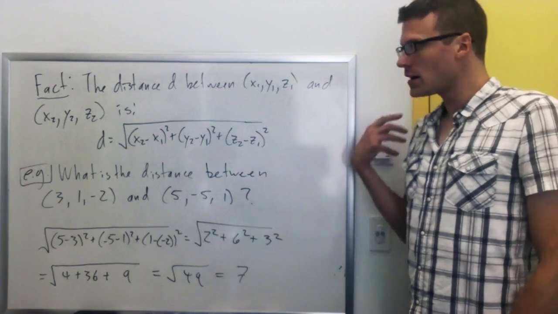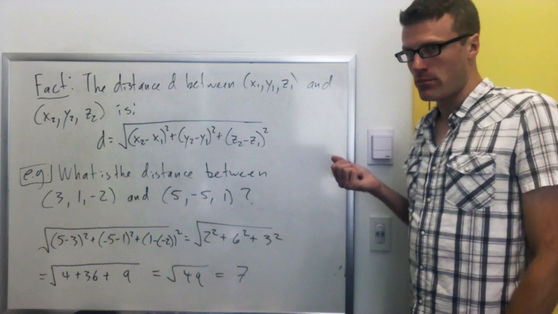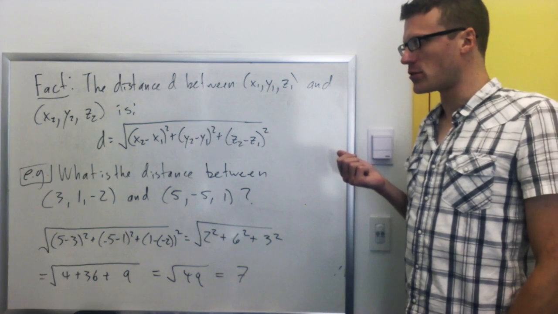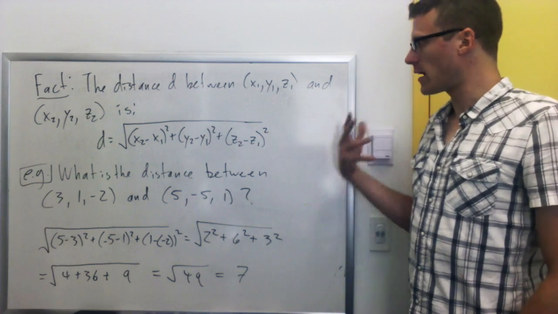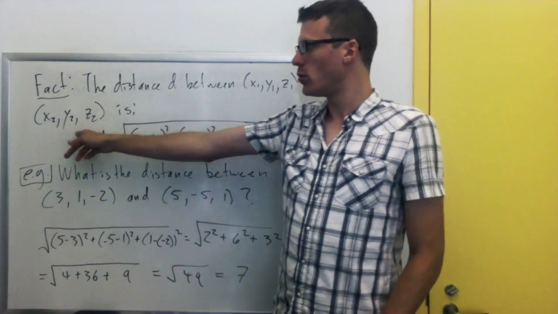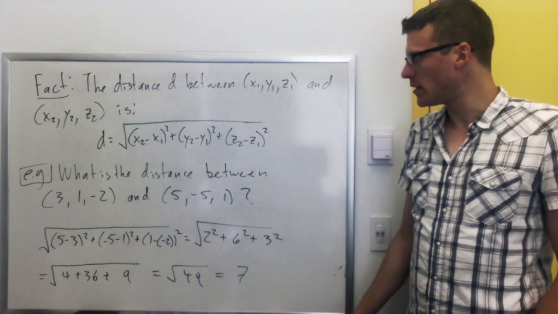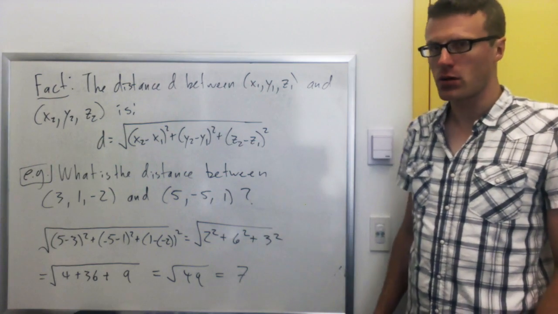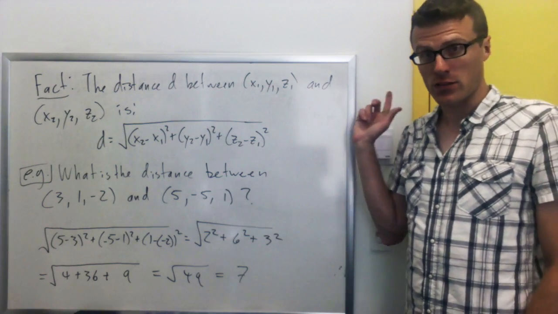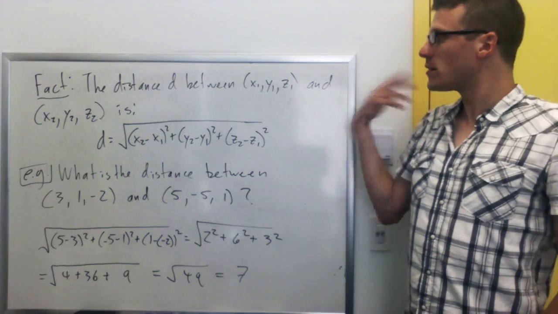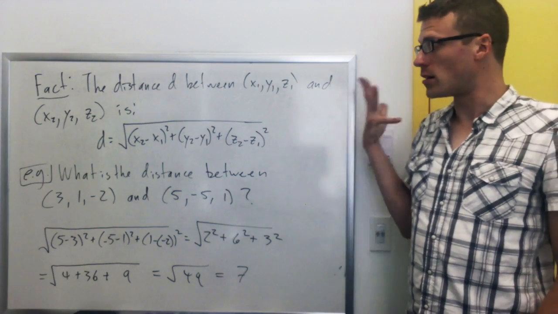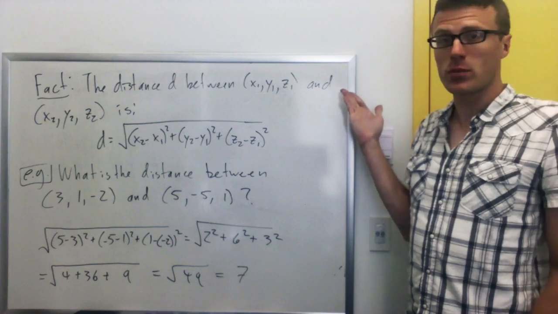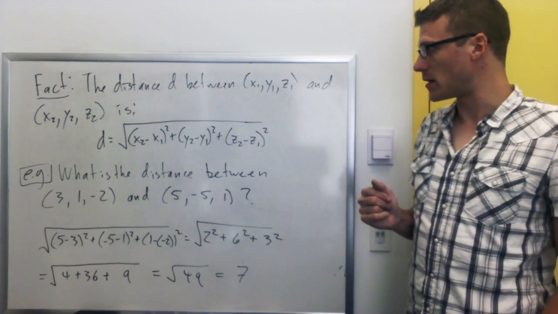Now we can combine this fact about the magnitude of a 3-dimensional vector with the fact that if I have 2 points in 3-dimensional space, then the difference of their coordinates gives me the components of the displacement vector between them. This gives us the distance between any 2 points in 3-dimensional space.